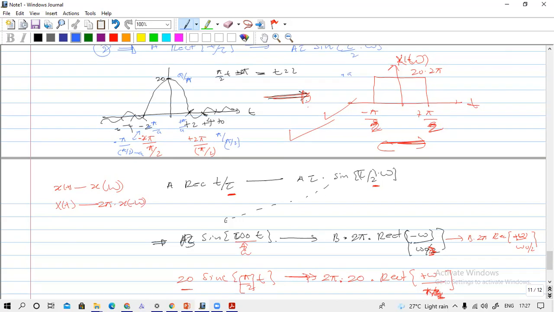The 5 cancels out and the 2 goes above. So A is identical to 5 by 2, and from here to here you should have minus A to plus A. So minus A is equal to minus 5 by 2, and plus A is equal to plus 5 by 2.